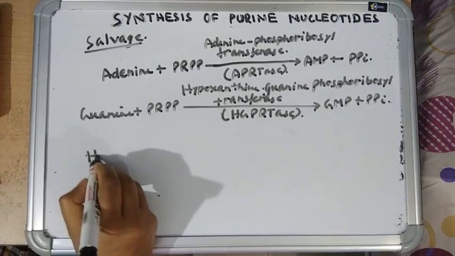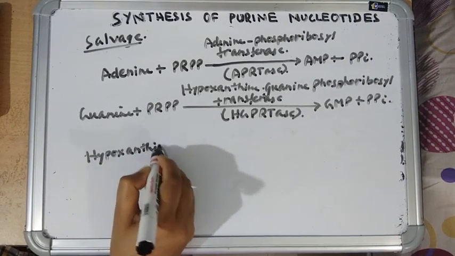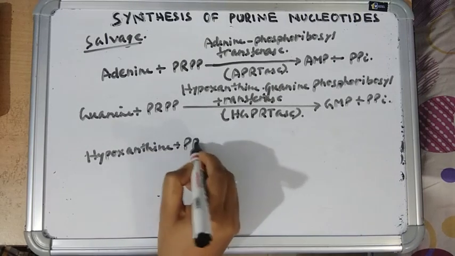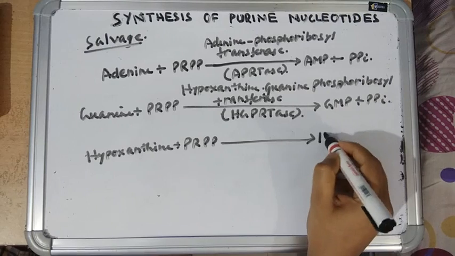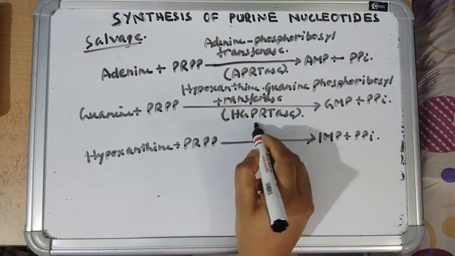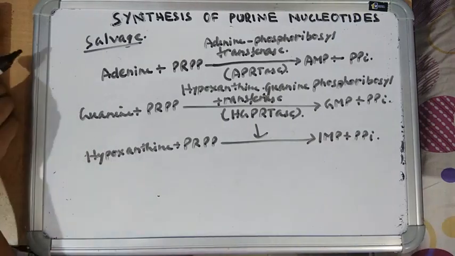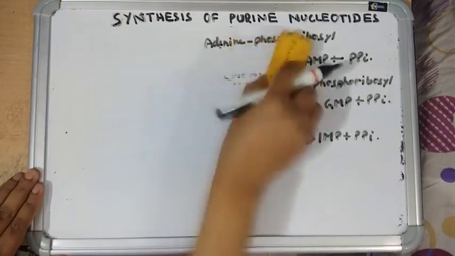Similarly, hypoxanthine combines with PRPP to form IMP and inorganic pyrophosphate, and the same enzyme HGPRTase is required. This is the salvage pathway.